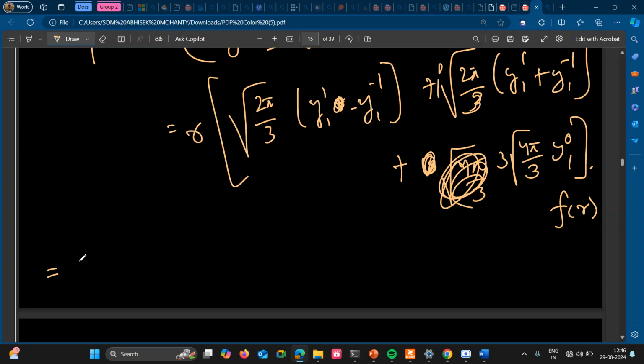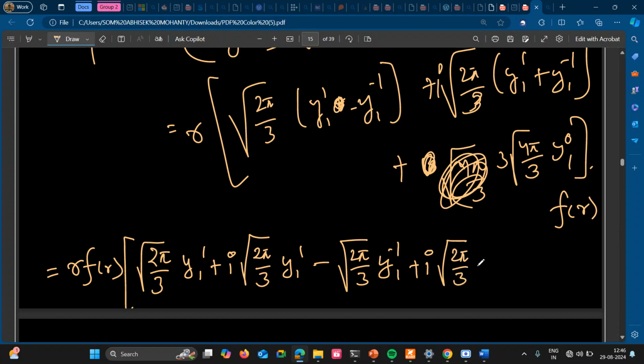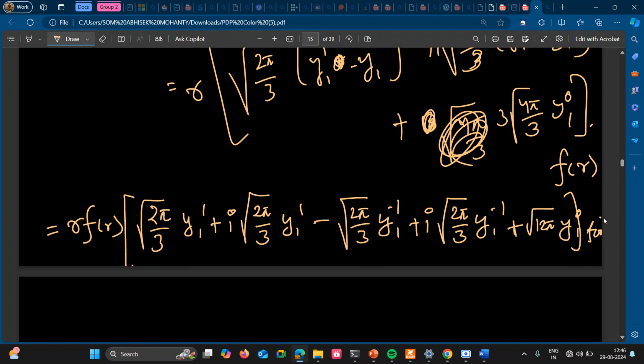So r f of r, 2 pi by 3 y11 is i root 2 pi by 3 y11 minus 2 pi by 3 y1 minus 1 plus i 2 pi by 3 y1 minus 1, plus 12 pi y10 f. So this is what it is.